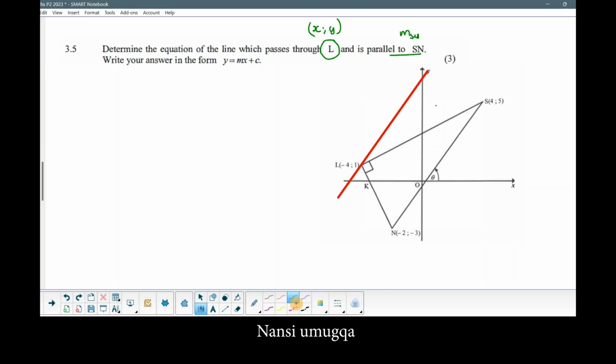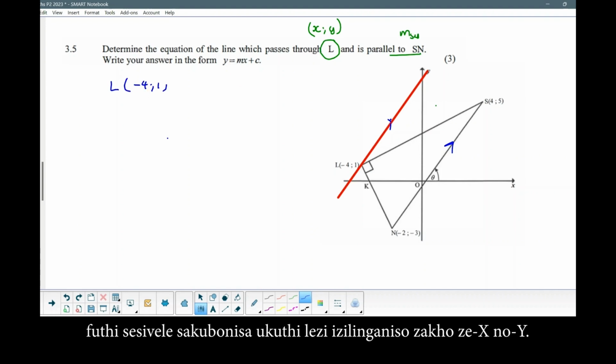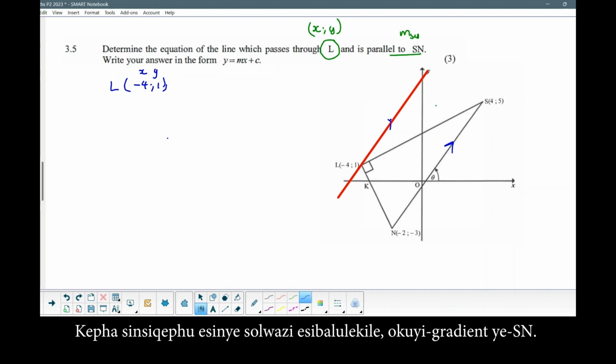So there's a line that is parallel to Sn and passes through the point L. So let's have a look at what we have. We have L, which is equal to (-4, 1), and we've already determined that those are your x and your y values. But we have another piece of information, which is the gradient of Sn.